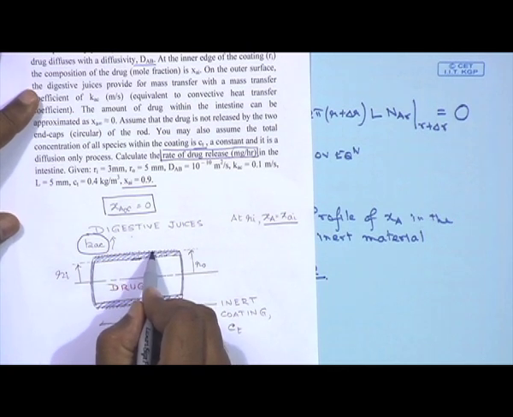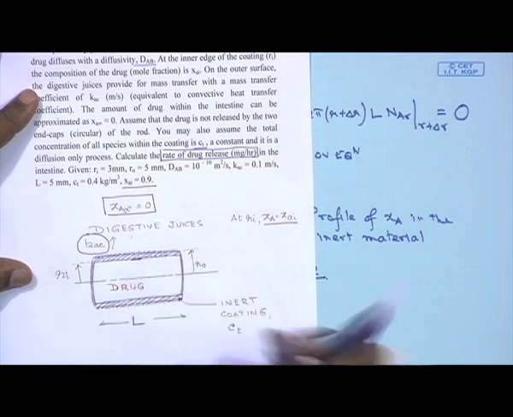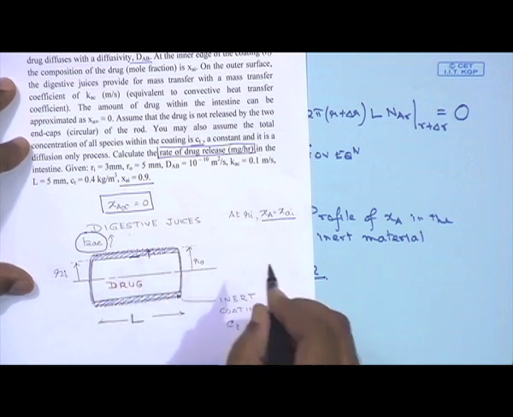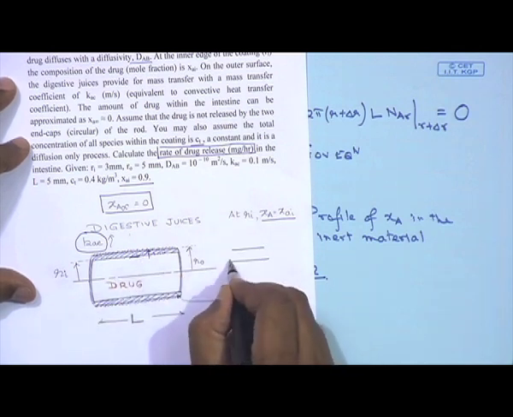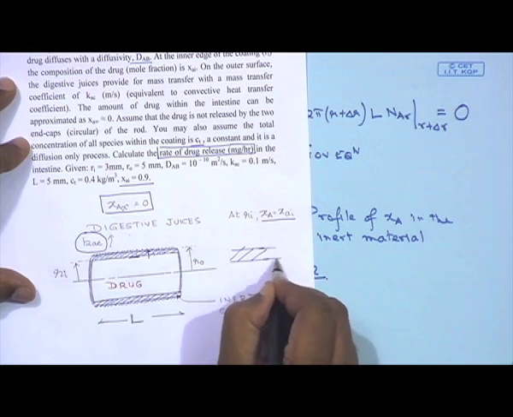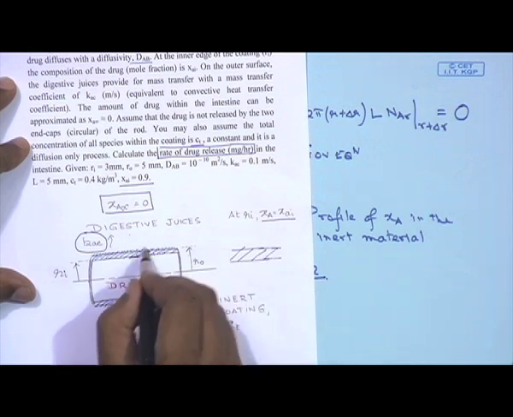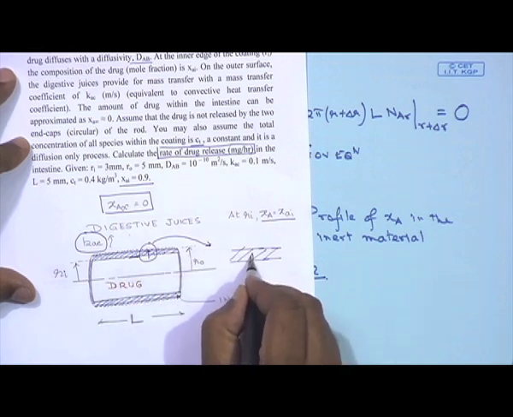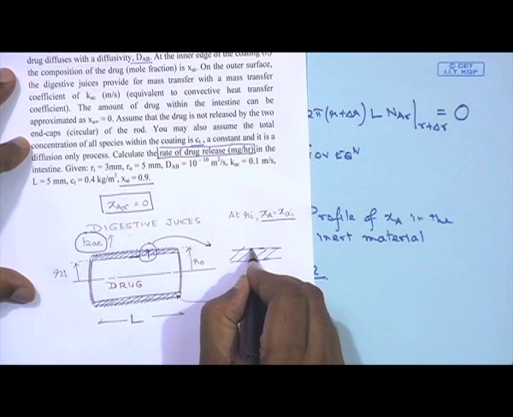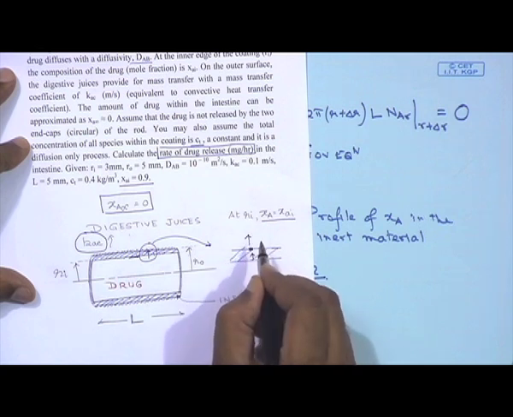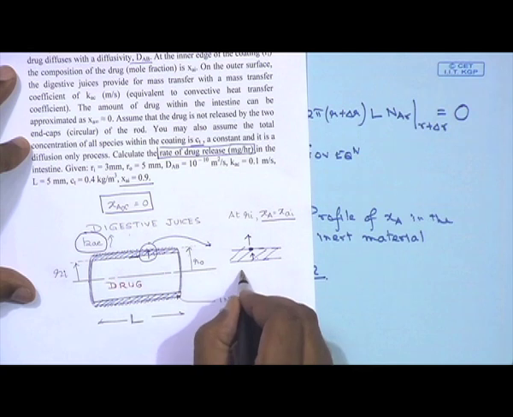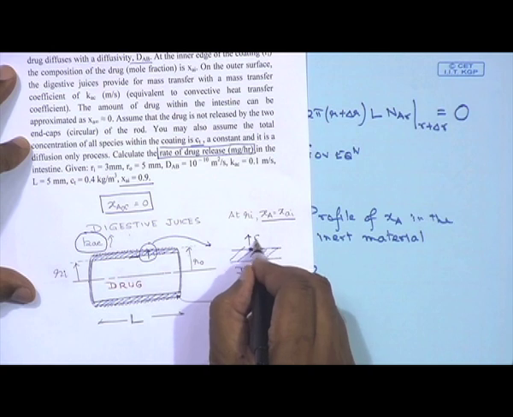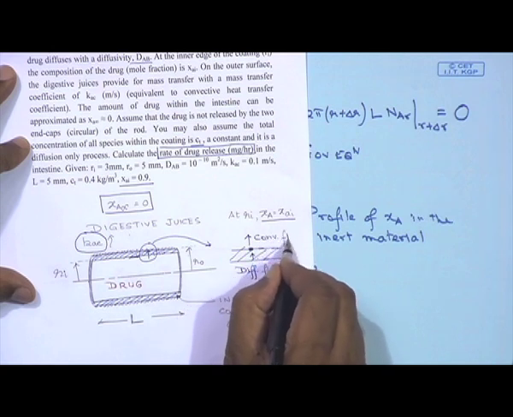So, at the outer surface of the coating, if I take this as an enlarged view of this region, the diffusive flux of the drug molecules which is reaching this point must be equal to the convective flux.